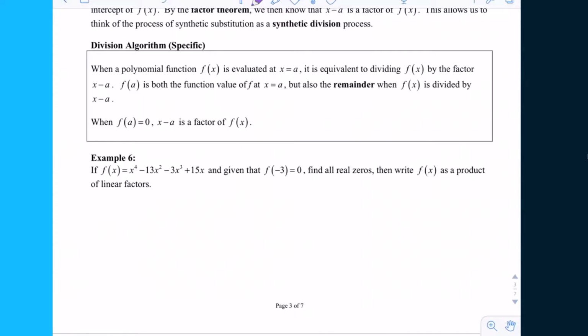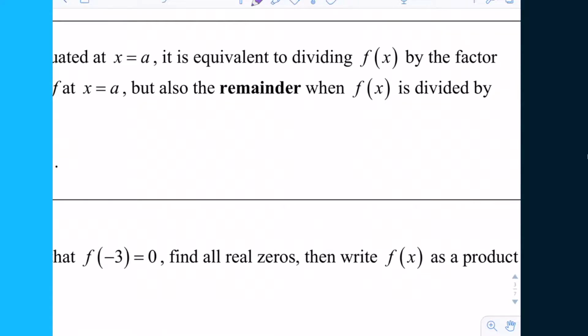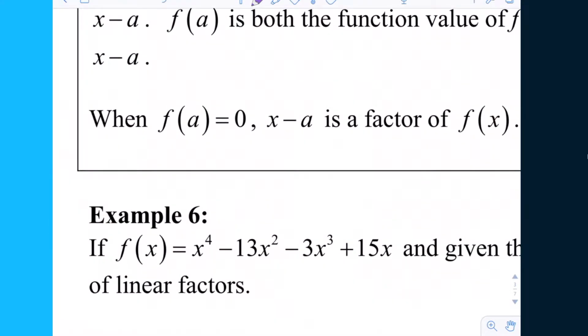That's important. So f of a is the remainder when you divide by x minus a. That's the general division algorithm. And of course, if the remainder is 0, then x minus a is a factor and x equals a is a root.